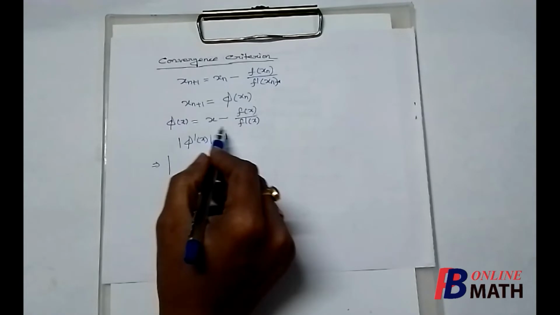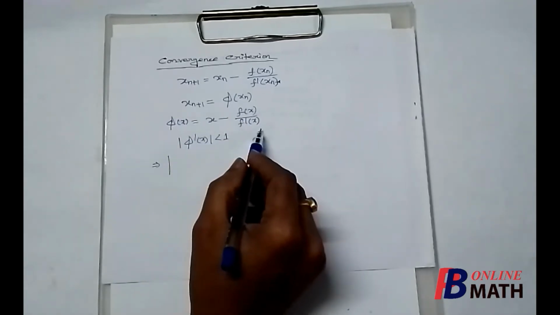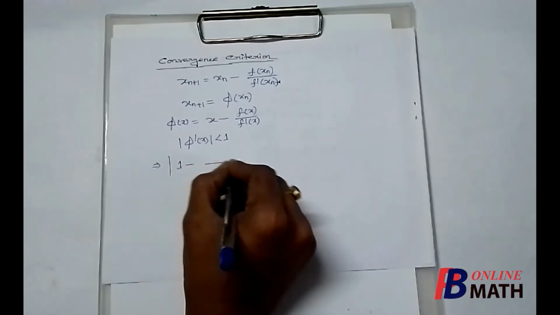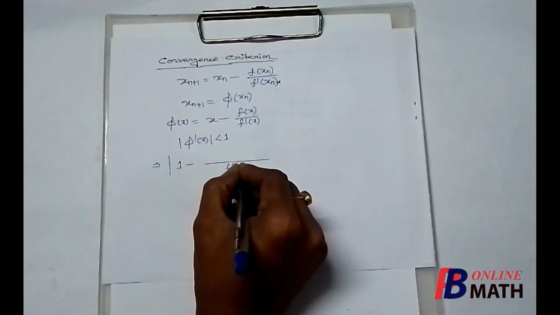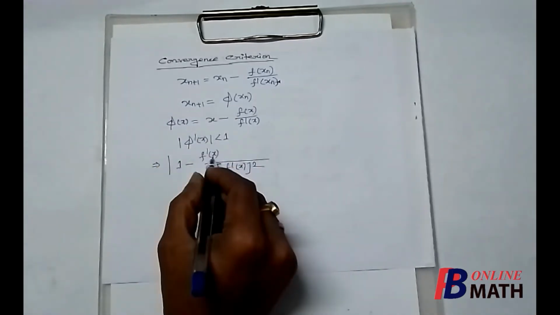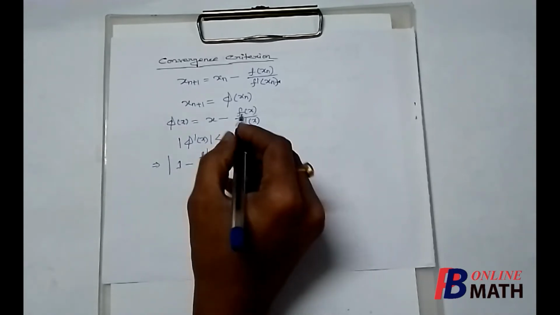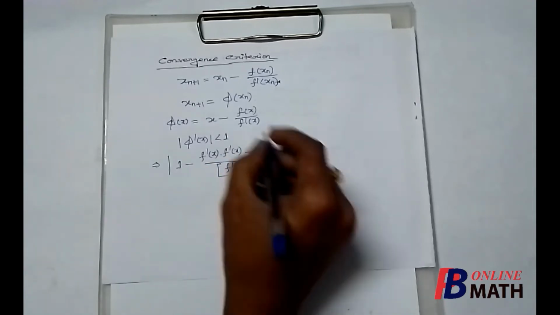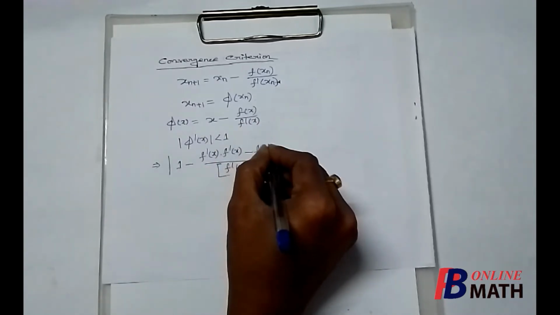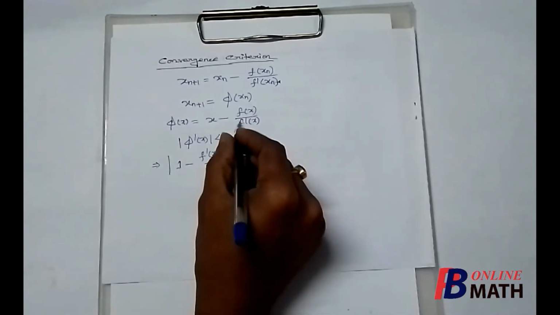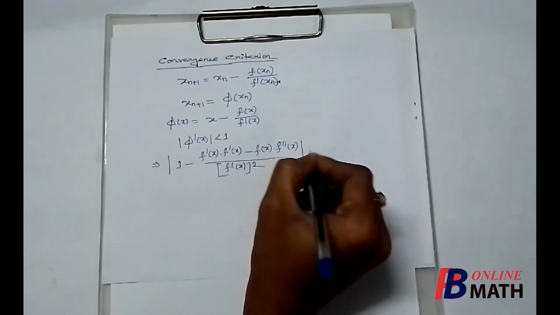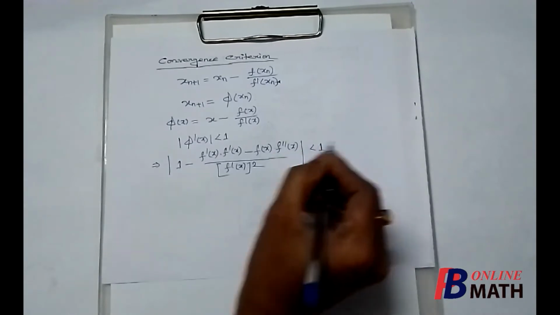Now if we differentiate this function with respect to x, we find it is 1 minus [f dash x multiplied by its derivative, so f dash x minus f(x) into its derivative, which is f double dash x] divided by f dash x whole square. Now this must be less than 1.